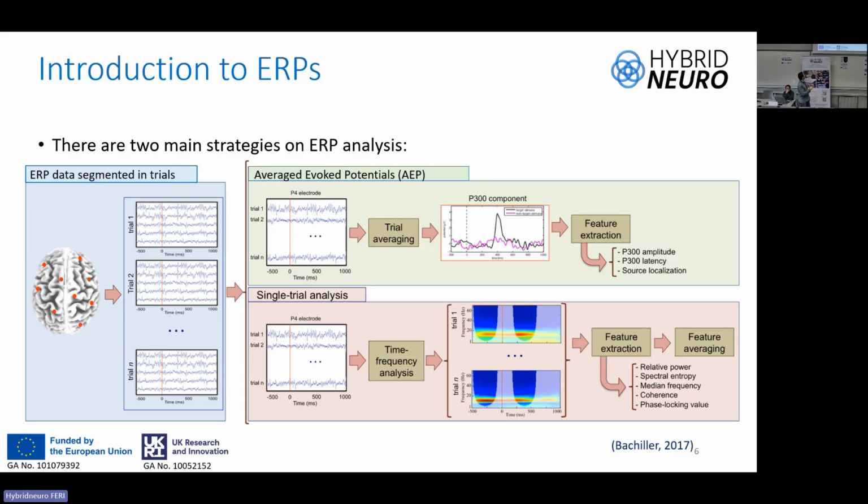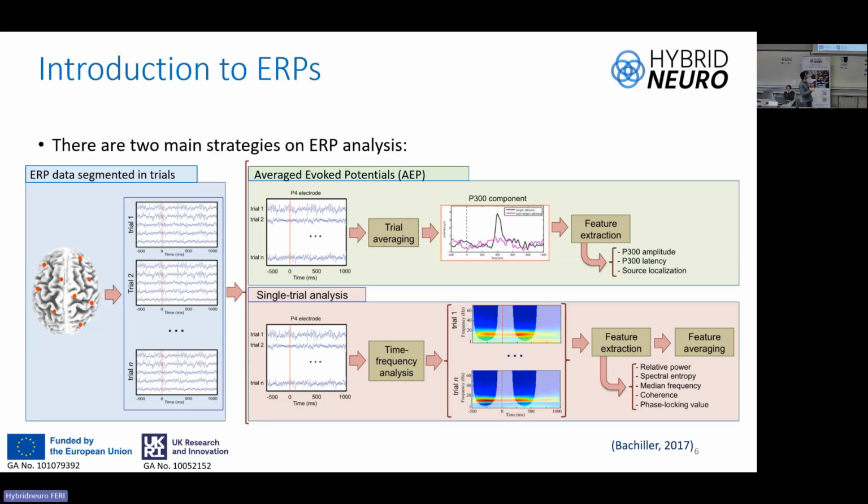These different trials have the information of different channels on the skull, and we can reorder this information. Here we have only one electrode, and we can order all the trials of the experiment, so we have different matrices for each electrode.